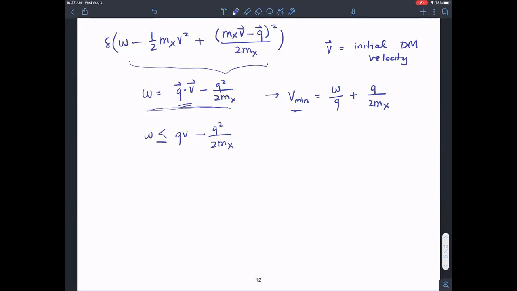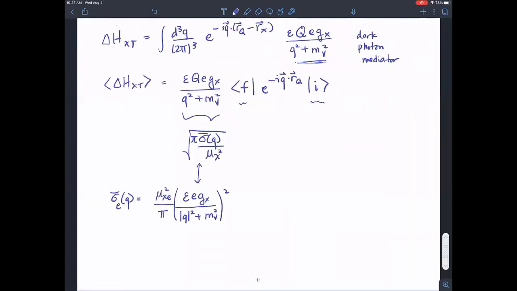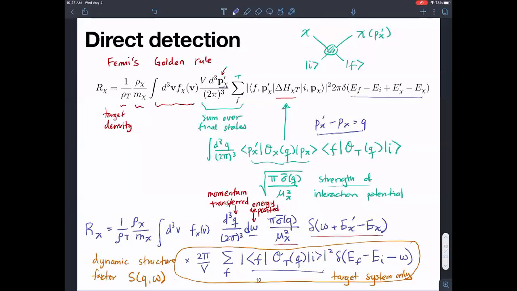I'm still confused with this omega. What is it, and when you introduce it as an integrating variable, this step was a bit obscure to me. Maybe you can clarify that. Yeah, so again, omega is the energy deposited by dark matter. The step where I factorized things was just to split off this energy conservation between the dark matter and the system.